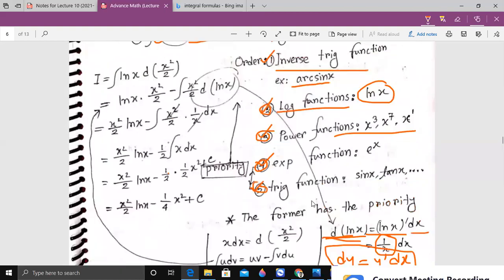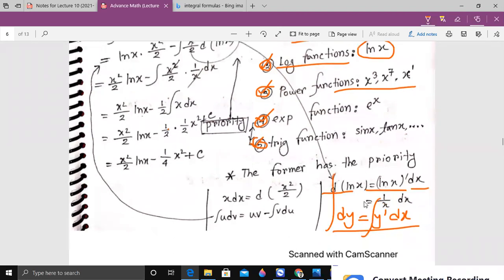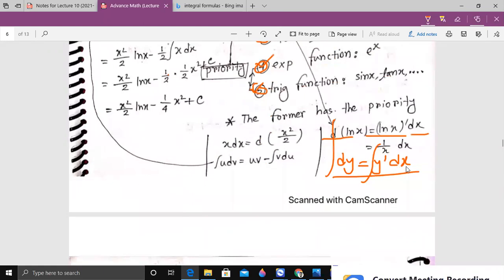So if you take this derivative u dx on another side, or maybe you can just multiply the integration sign on both sides, okay? Then integration of y dx.